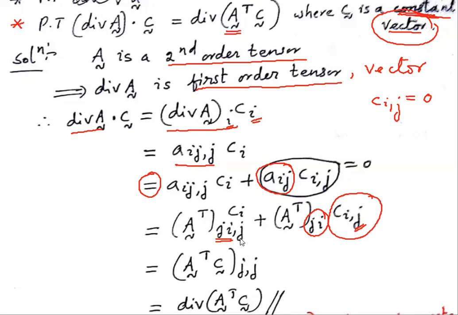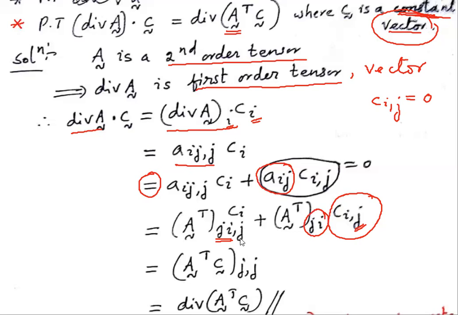Let me read that again: differentiation of the first term, Ci as it is, plus second term as it is, differentiation of the other term. That is nothing but the product rule.